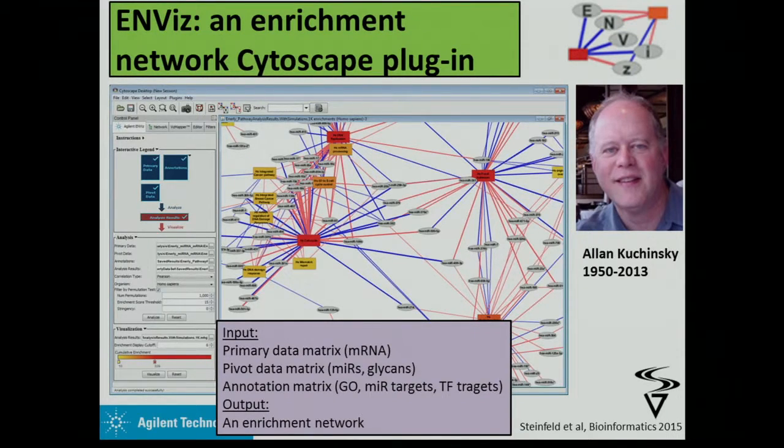It takes an annotation matrix that goes with that primary data matrix, so I know something about each one of these elements. And it takes a pivot data matrix, so there are three matrices that the user has to put as input. And the plugin computes these associations that I've just shown using that method, and provides all the Cytoscape visualization mechanisms to go with it in order to look at the results that you're getting.